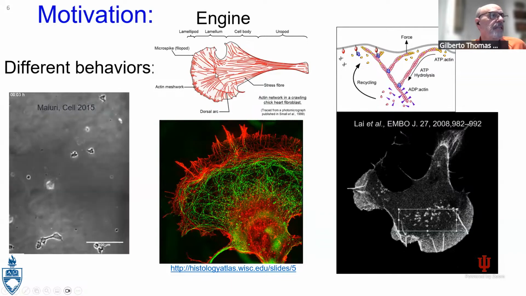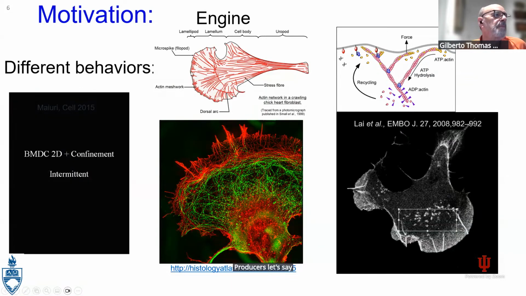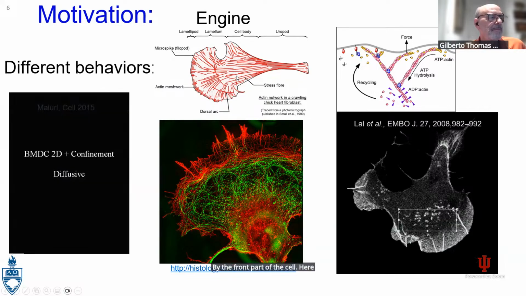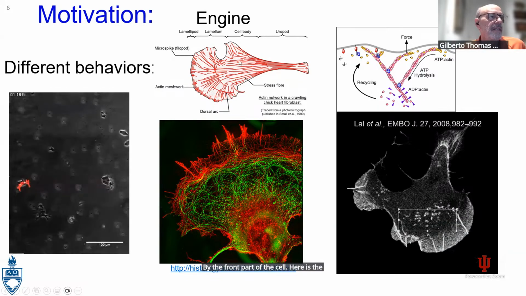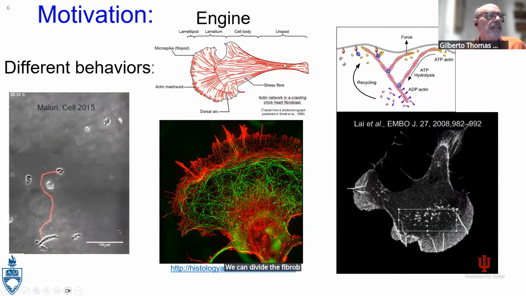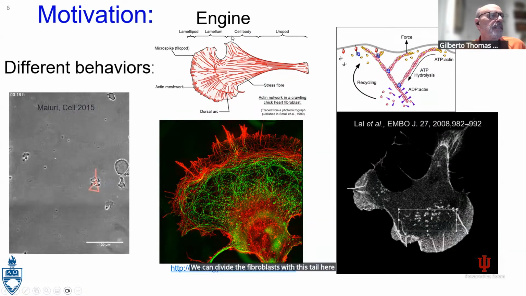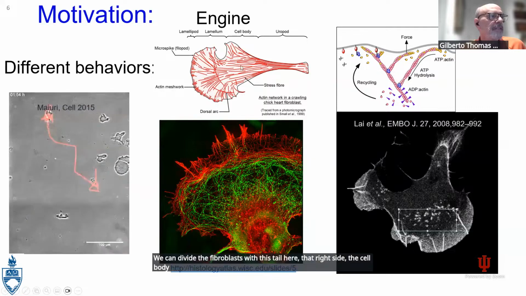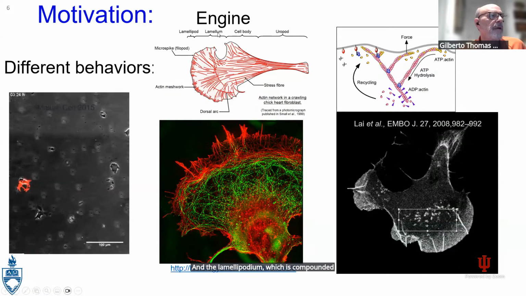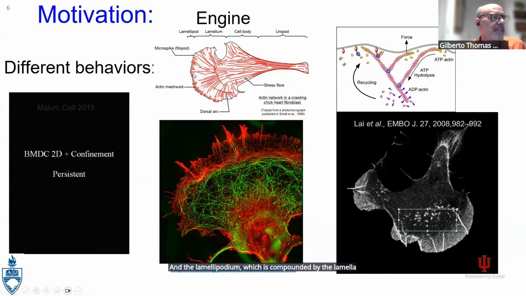All these movements are produced by the front part of the cell. Here is a fibroblast. We can divide the fibroblast into the tail on the right side, the cell body where the nucleus is, and the lamellipodium, which is composed of the lamellum and the front of the cell.